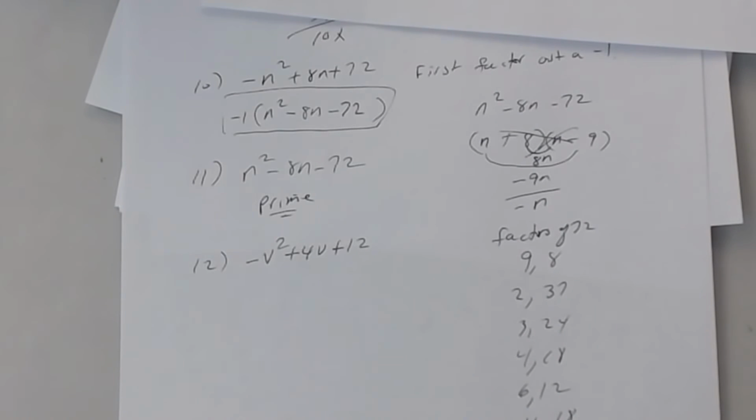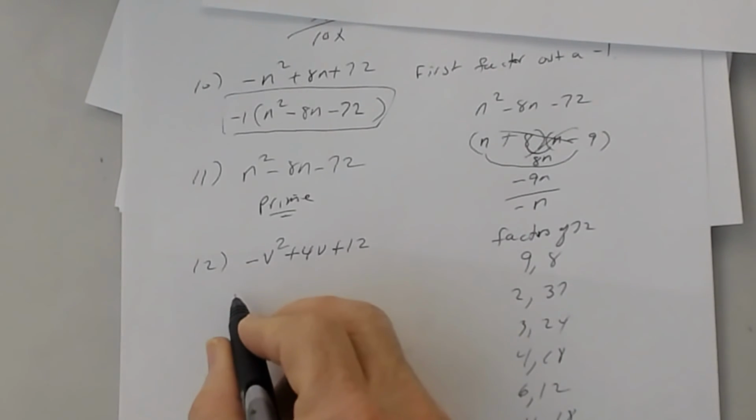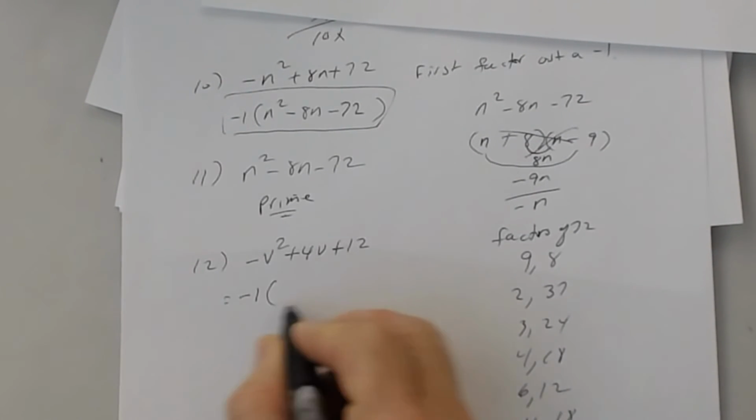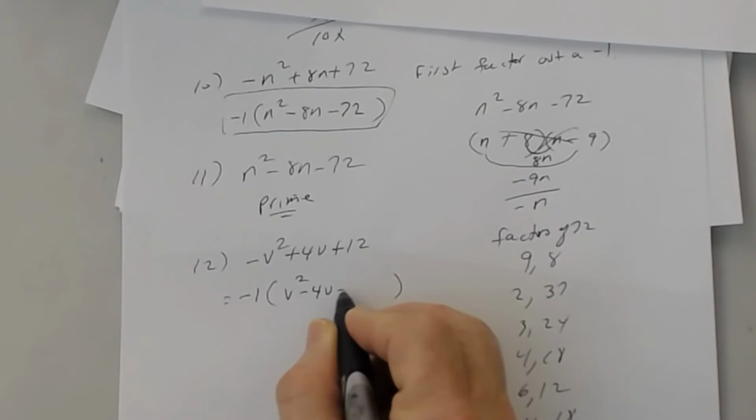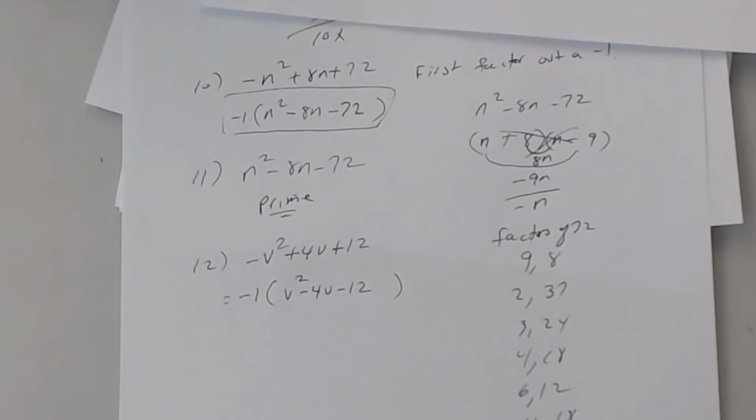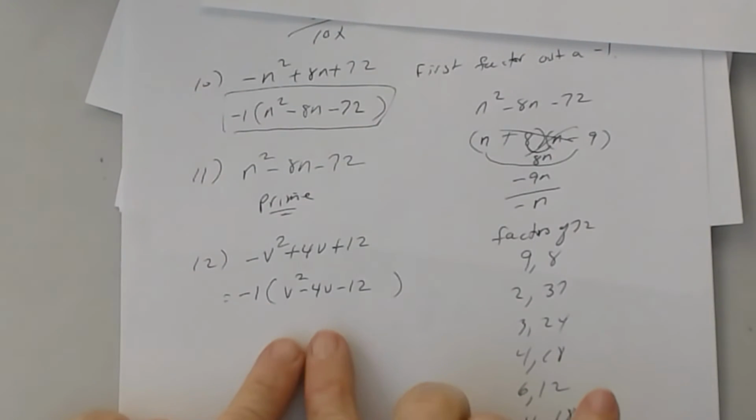Negative v squared plus 4v plus 12. All right, so you see that v squared is negative? Let's go ahead and factor out a -1 first. So when I factor out -1, what do I get? Minus 12? All right. Now let's go off to the side and see if I can factor this trinomial further.